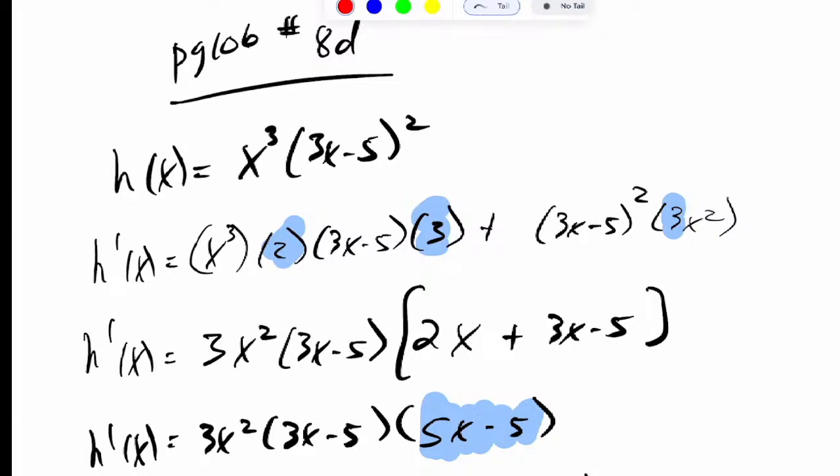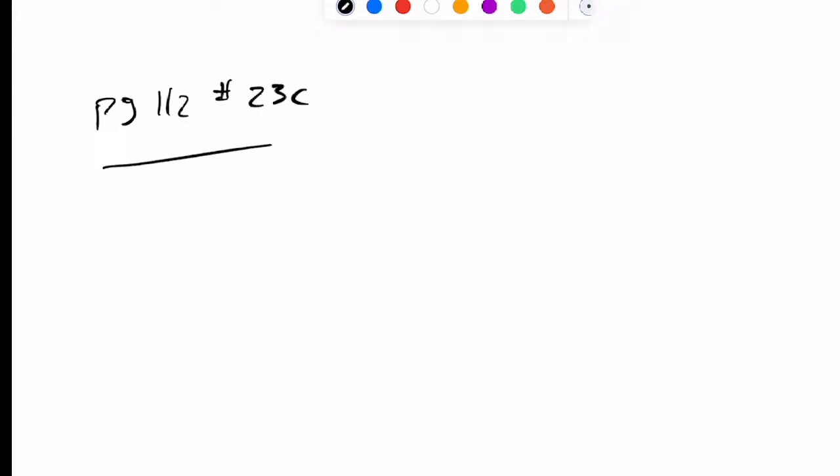Okay. Question 11223C, class textbook, sure. Page 11223C.